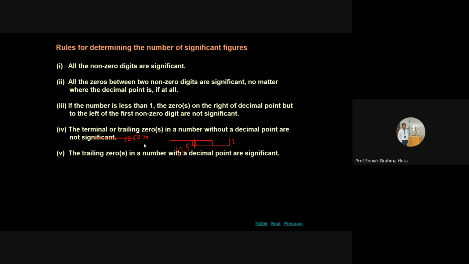But if the terminal 0 is there and you have a unit, then the terminal 0 is also considered significant. Correct? The trailing zeros in a number with a decimal point are significant. Suppose you have 12.0, then all three digits you can consider.